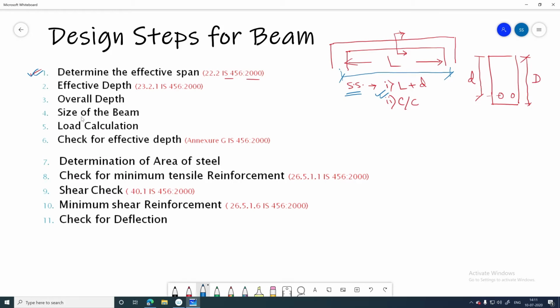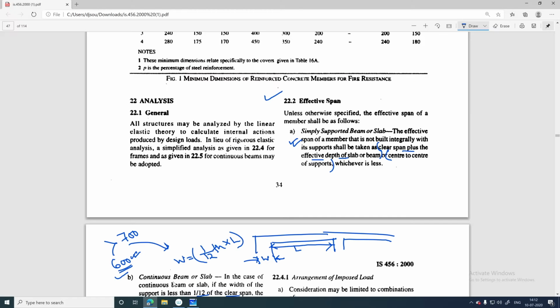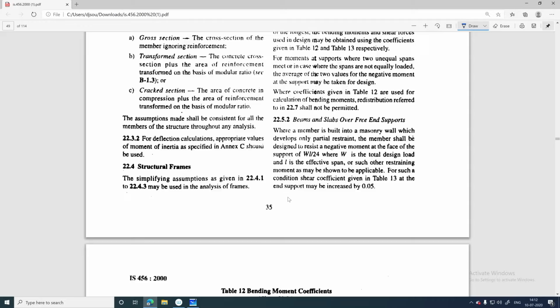Now the effective depth, or you can say the check for the deflection. This is actually the checking for the deflection, given in clause number 23.2.1. Let's go there.